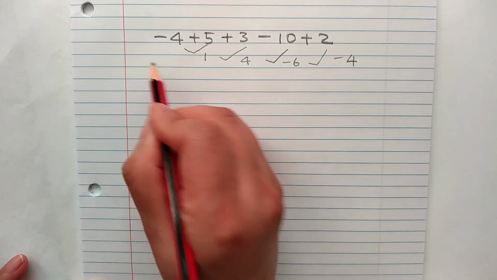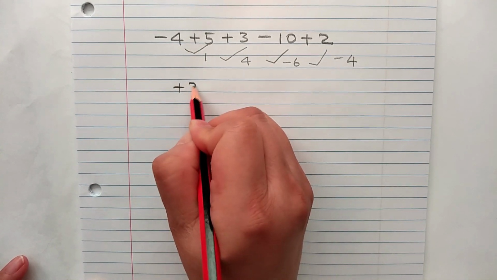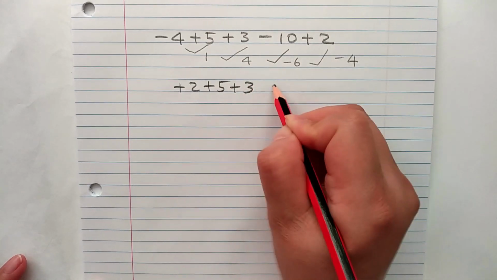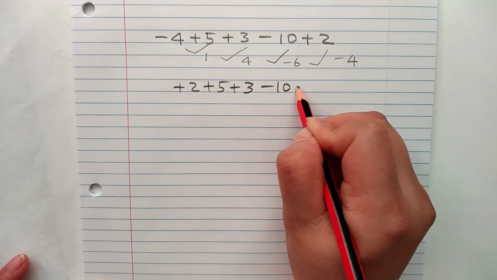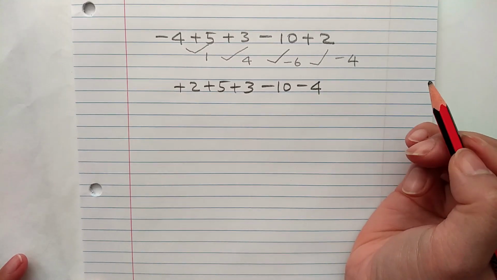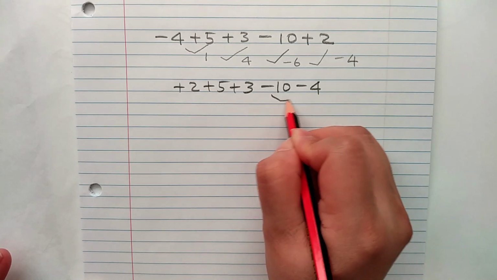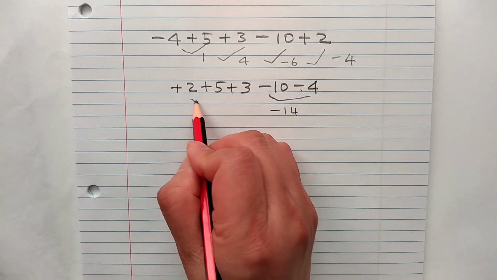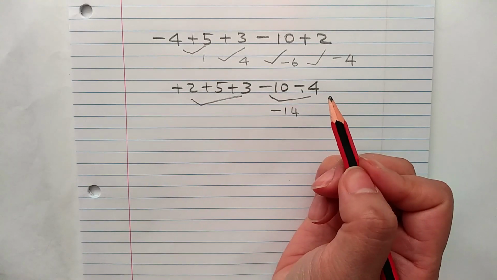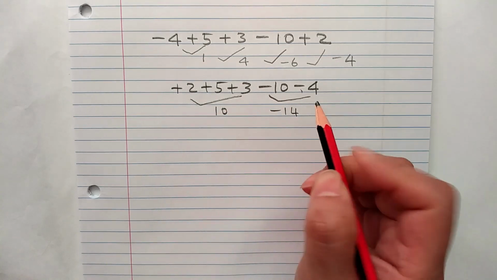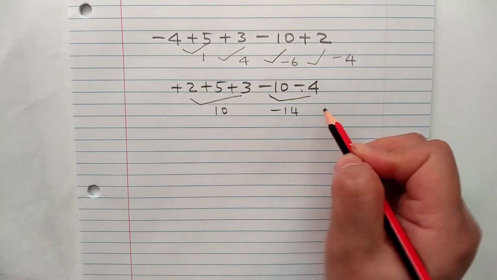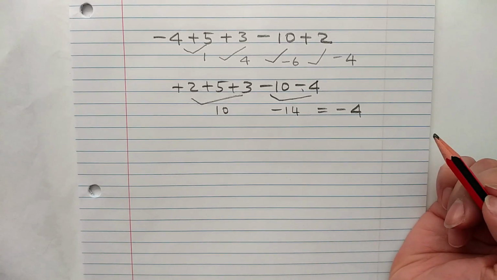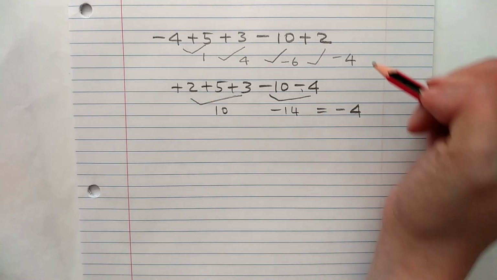So bring 2 here, positive 2 or just 2, plus 5 plus 3 minus 10 and minus 4. These two will make negative 14, and 2 plus 5 plus 3 is 10. So 10 minus 14 is negative 4 as well. You can do either way.